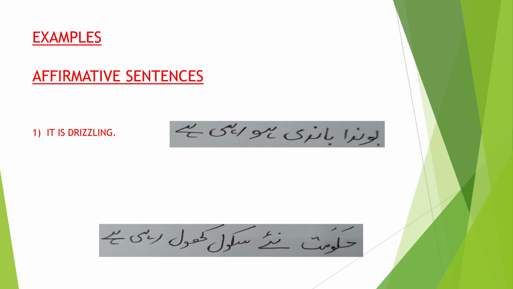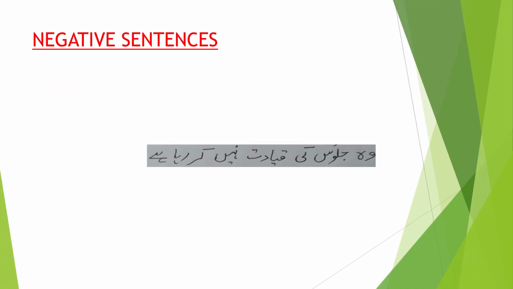Now using the rules subject plus is/am/are plus ing form of verb and the object, the sentence will become the government is opening new schools. Alright students, I hope you are following how to convert sentences into English.